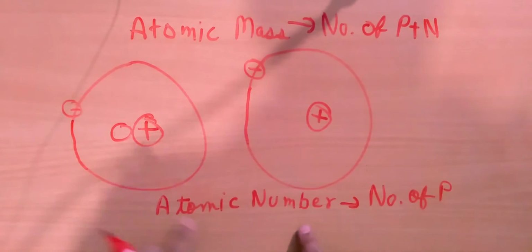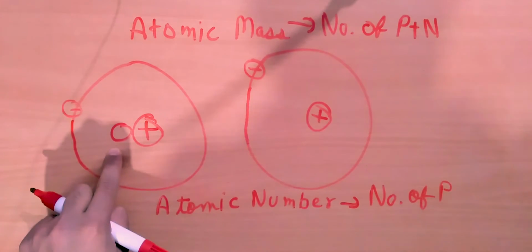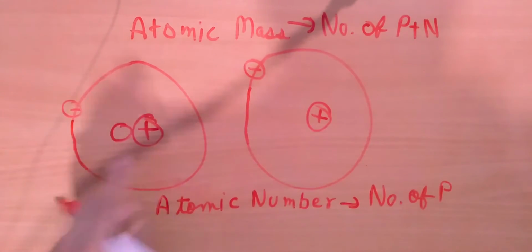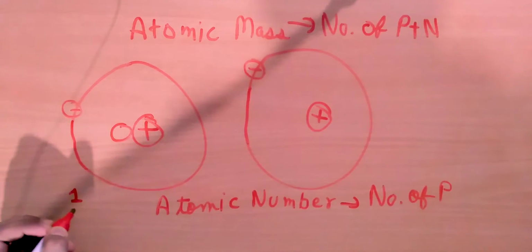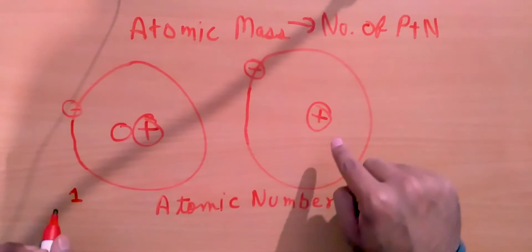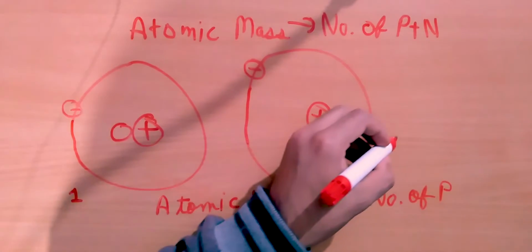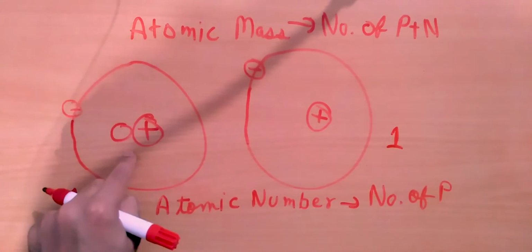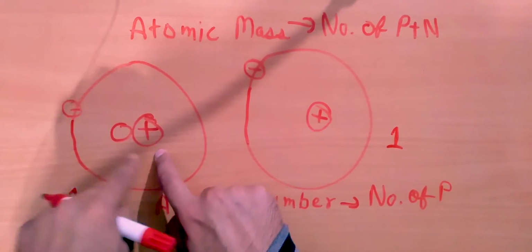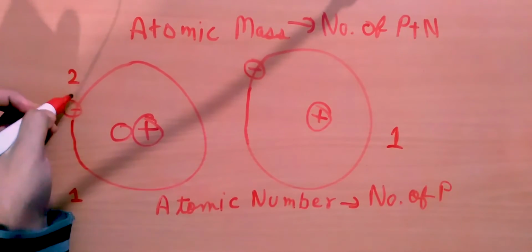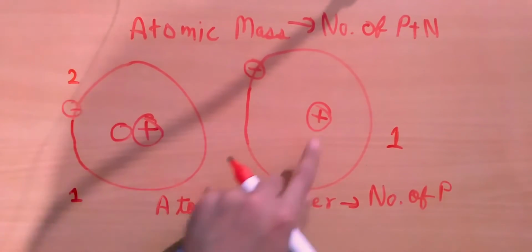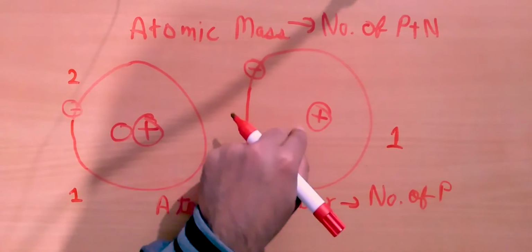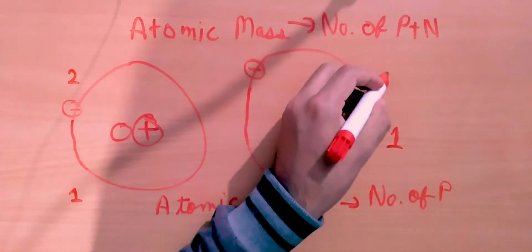Now what is the atomic number of both of these? Well, this has only one proton, so its atomic number is 1. On the other hand, this also has only one proton, so it also has an atomic number of 1, but its atomic mass would be 1 plus 1, 2, right? So its atomic mass would be 2 units, and for this one, I have only one particle inside the nucleus, so its atomic mass would be 1.